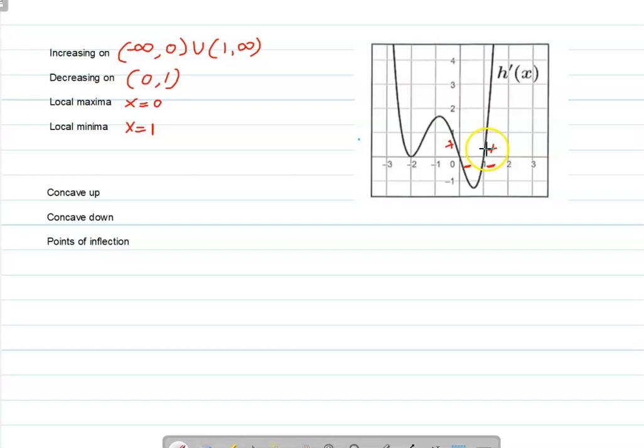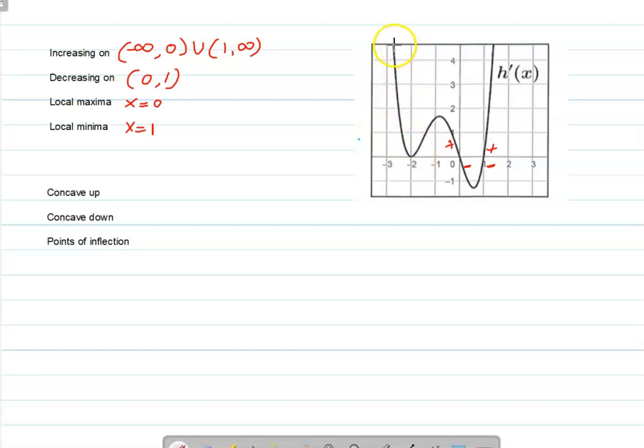Now let us see how we get the information about the second derivative when the first derivative graph is given. The slope of the first derivative tells you about the second derivative. So as long as the slope of the first derivative is negative, that means the second derivative is negative. We know that the slope of a decreasing function is negative.